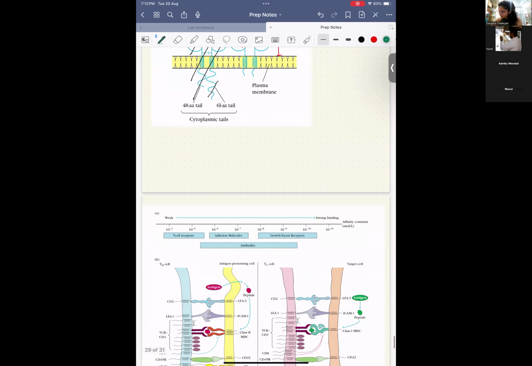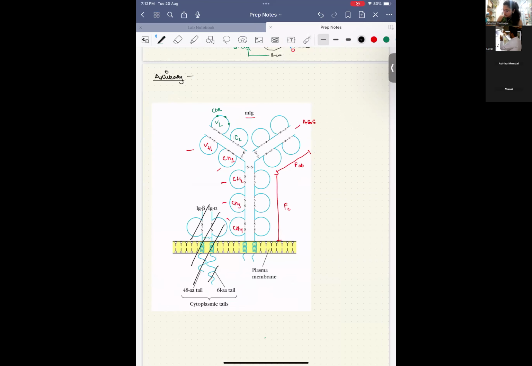Okay, maybe we can just. So same as so IgM and give me a second, I'll find out the diagram, will be easier for us.